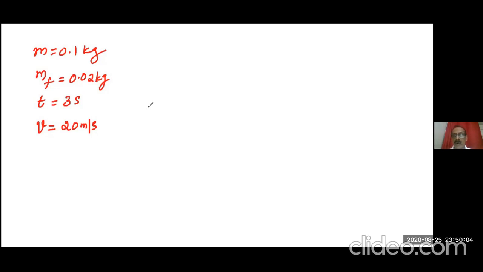Ignore the mass variation of the rocket. Sir, can you repeat the second point? What is the energy content per unit mass of the fuel?